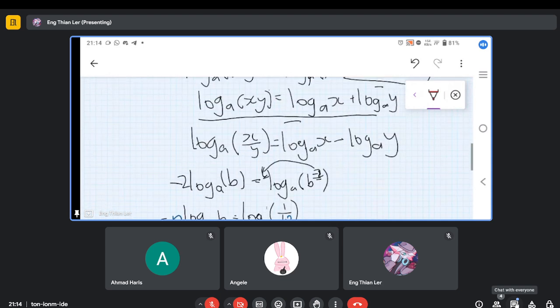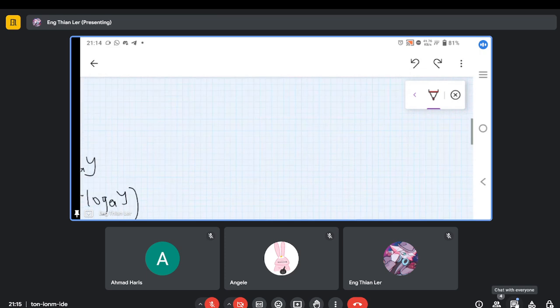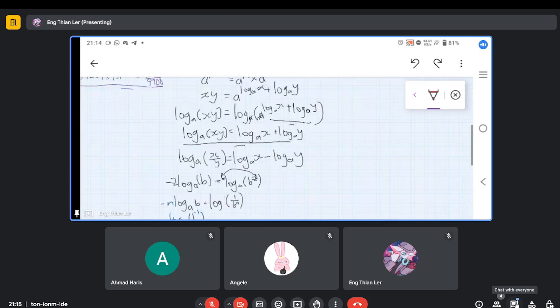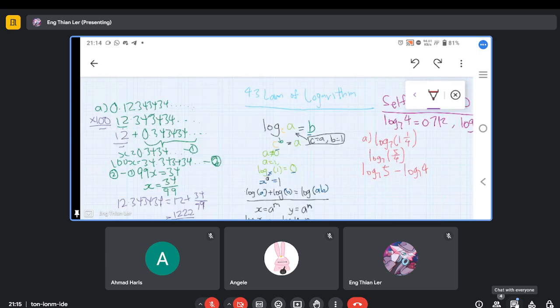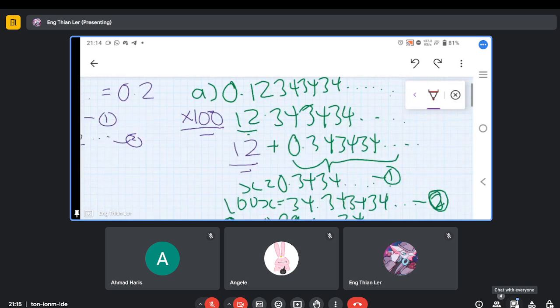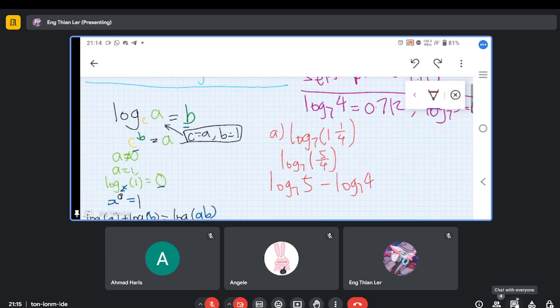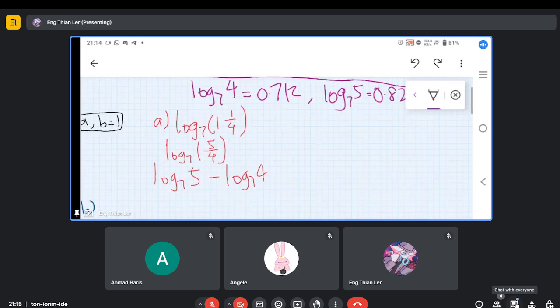Yeah, look at this, the laws of logarithm. We need to use it. Okay, now we just copy. What is log 7 5?